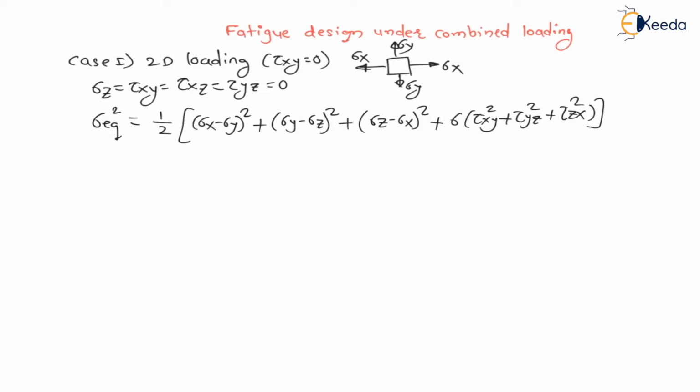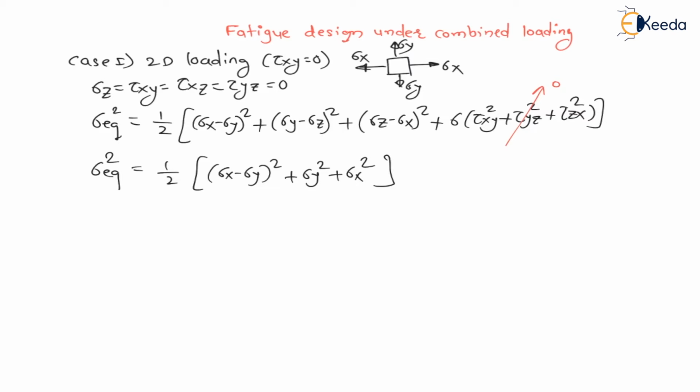This was the formula to find sigma equivalent. Now here all the shear stresses are 0, so this term becomes 0. Then sigma z is 0, put all the values. Therefore sigma equivalent square is equal to 1 half in bracket sigma x minus sigma y whole square plus sigma y square plus sigma x square.